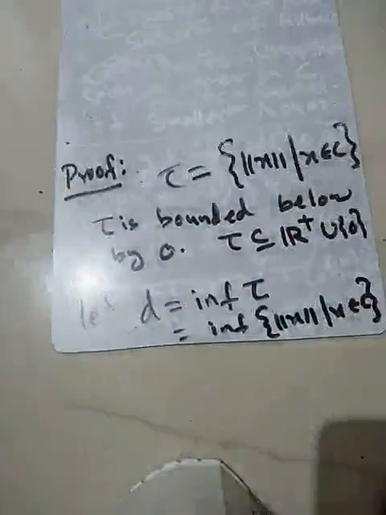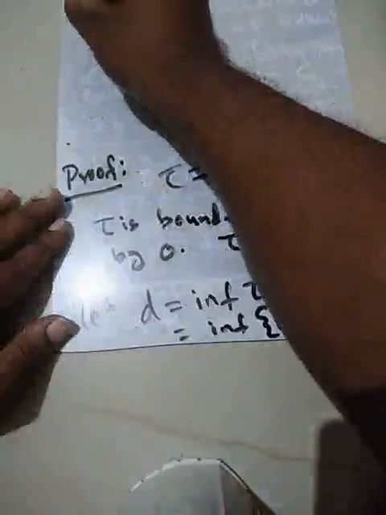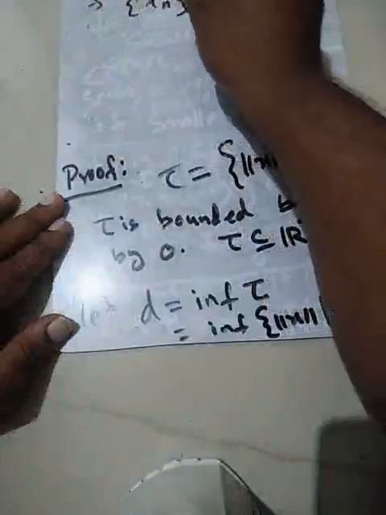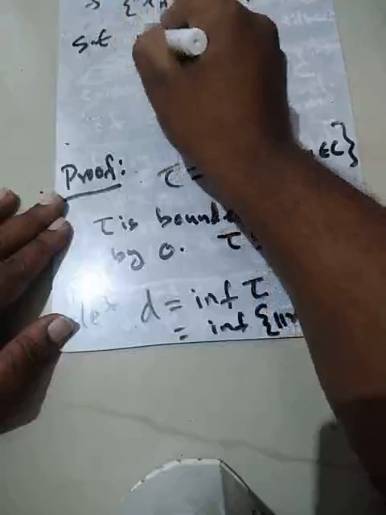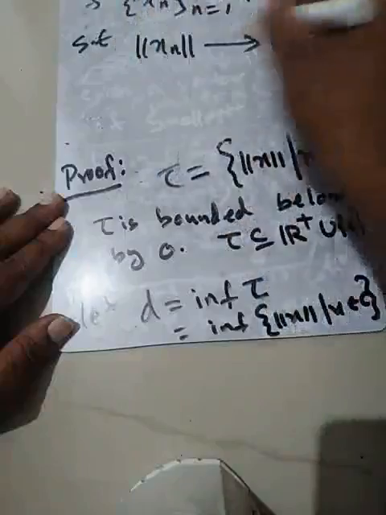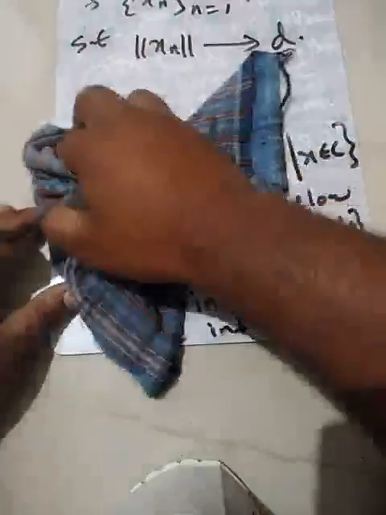So there exists a sequence in R which converges. Because it is coming from this set tau, there exists a sequence xn, n going from 1 to infinity, in C such that the norm of xn converges to D as a real number, by the completeness property of R. So what do we have?